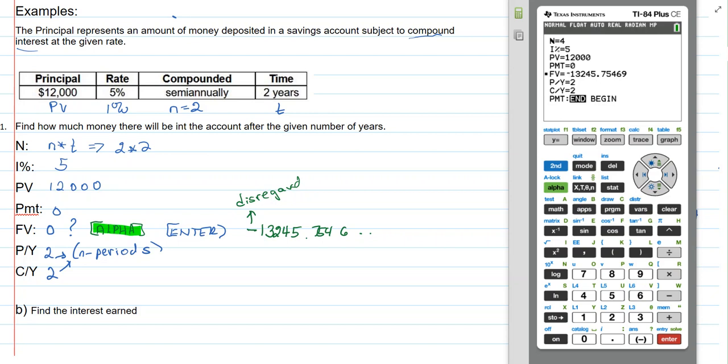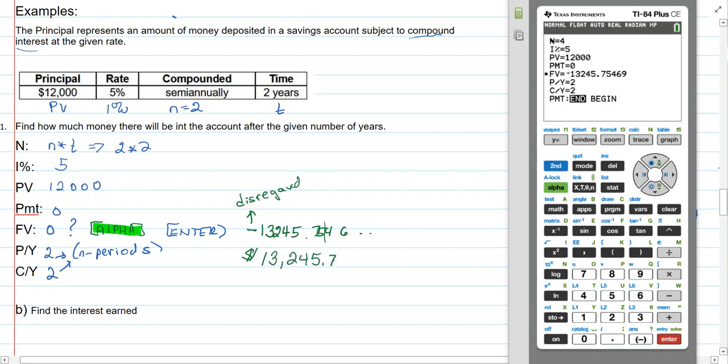So we're going to do 2 decimal places because money is in 2 decimal places. So $13,245.75 is the balance in the account after 2 years.